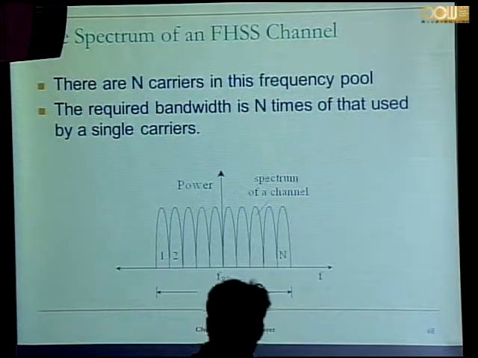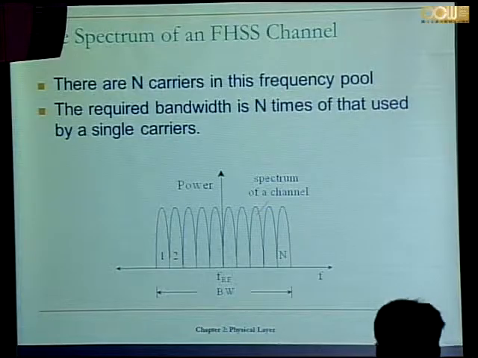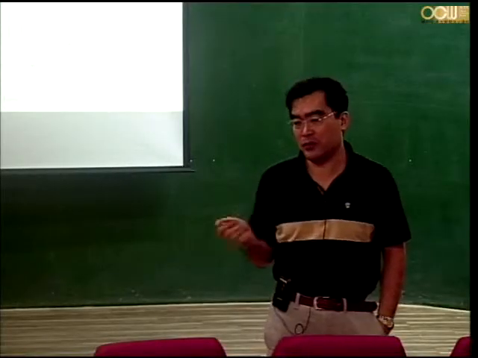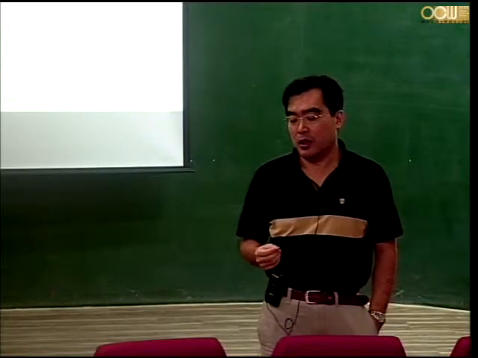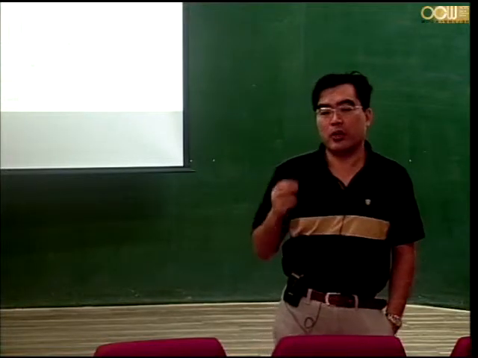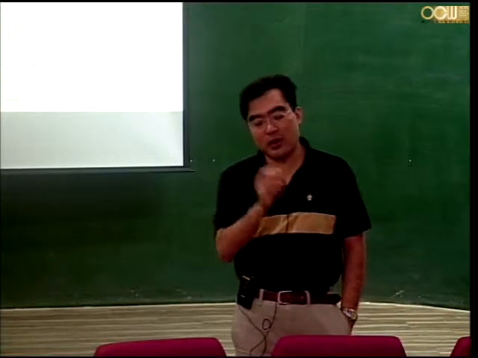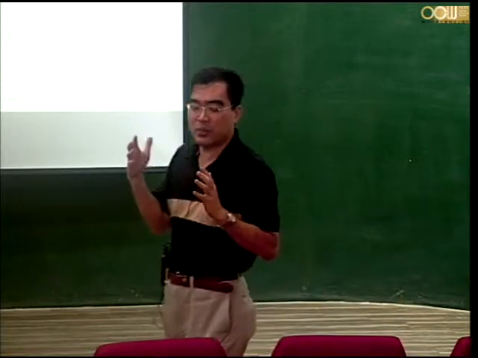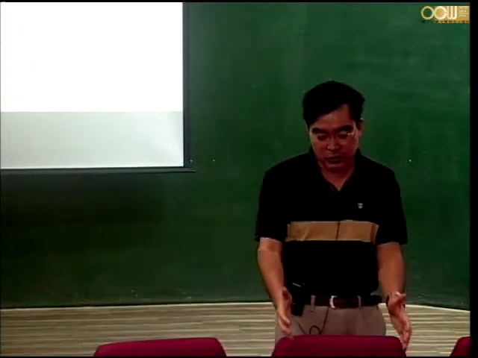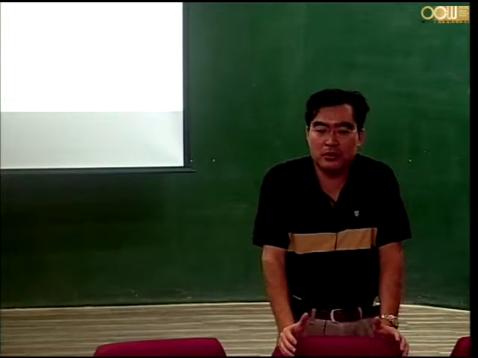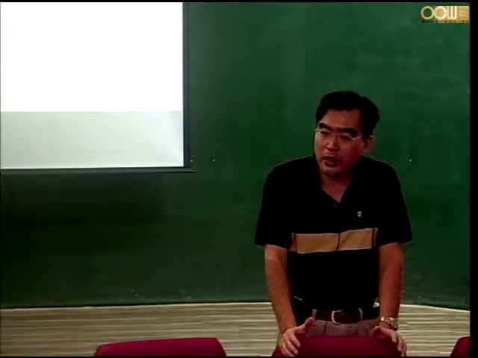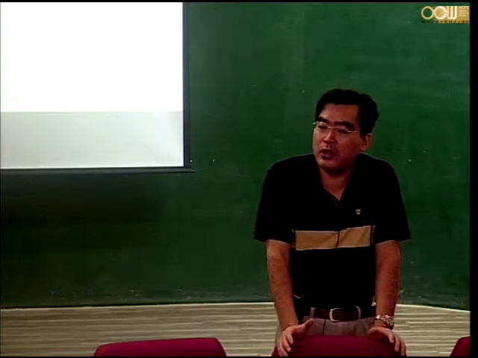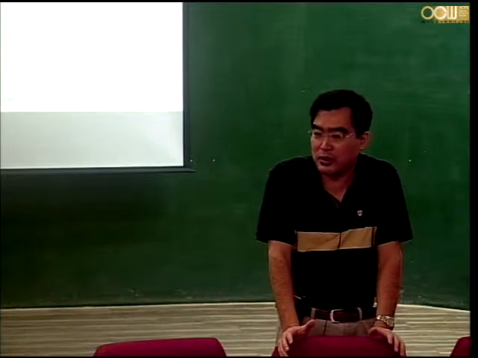And why are you doing this kind of monkey job? Why do you jump around between frequencies? The reason is, when you transmit, at this time slot I transmit at this frequency. At the next time slot, I transmit at another frequency. Then if at this frequency an interference or noise hits me, it would only hit me for a very short period of time within that slot.